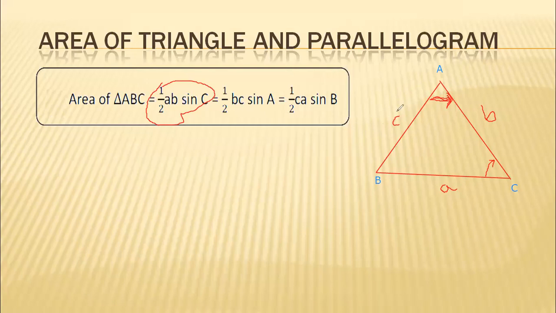AB भनेको side c, AC is side b. We have to take these two sides. 1/2 bc sin A. Similarly, if angle B is given, for example, this angle is given. In that case, 1/2 ca sin angle B.